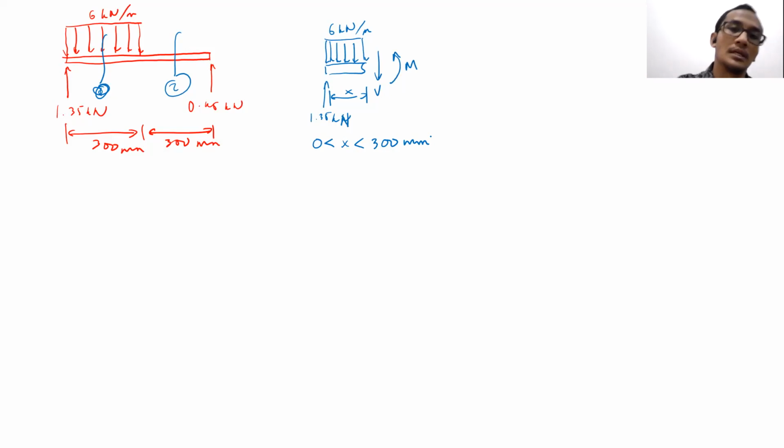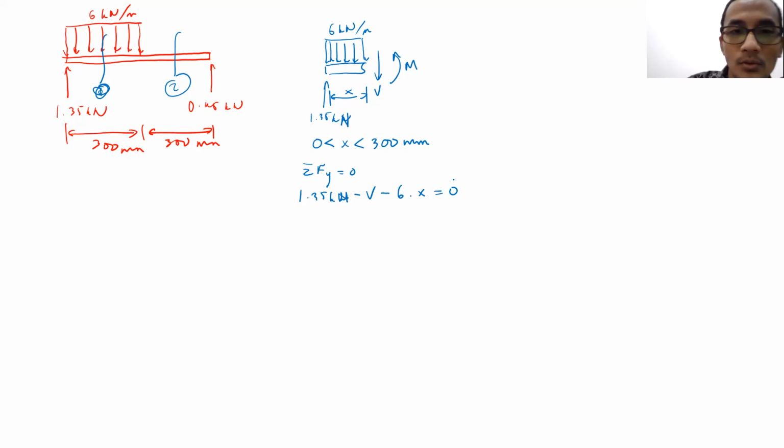Then, if we want to calculate it using sigma Fy equal to 0, what are we supposed to have there? There will be 1.35 kilonewton. Okay, so going up is positive. Minus V. Minus V. Plus or minus 6 times x? Minus 6x. Minus, right? Minus 6 kilonewton per meter multiplied by x, equal to 0.